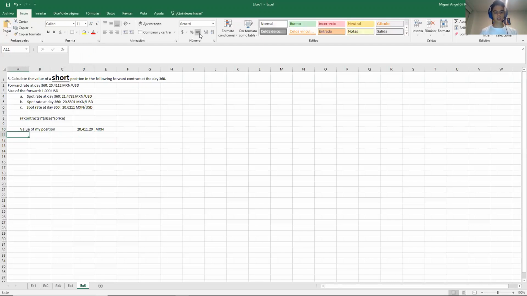So I need then to calculate the value of my position with the price of A, B, and C. I think that here some people were confused from the homework, from the activity, sorry. It's kind of weird from the activities from last week, because it talks about time 360 and then the forward rates, quite confusing.